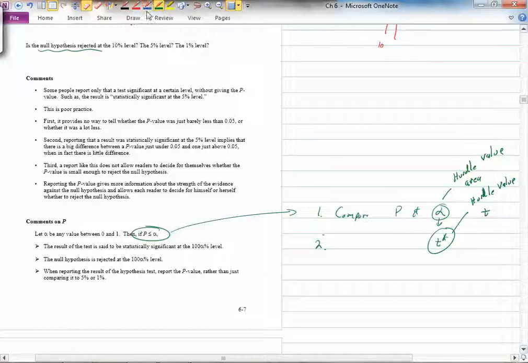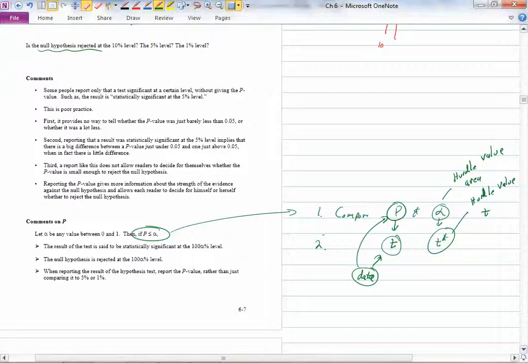So in the first step, we compare p with alpha. In this step, we are going to compare our t. Our data, our x bars, give us t. We can turn them into a p-value or a t and compare them to hurdle values, which are alphas or t stars.